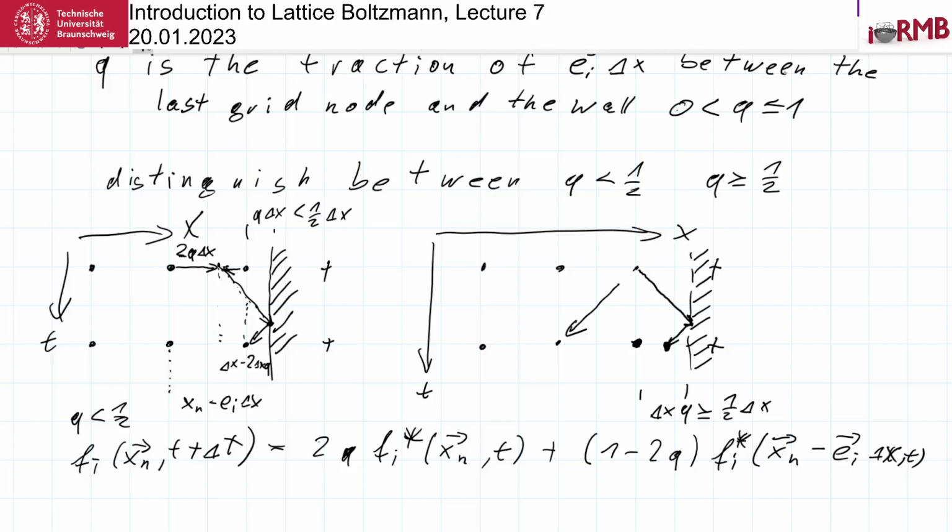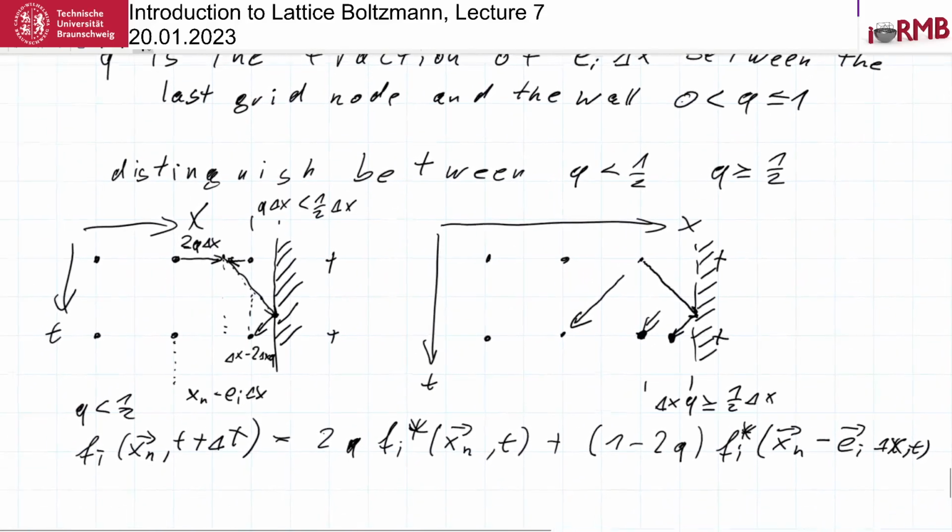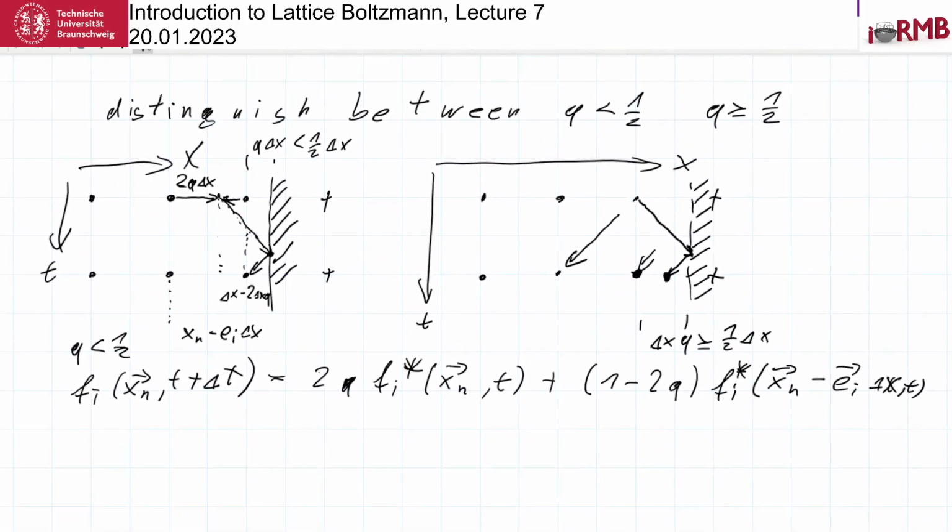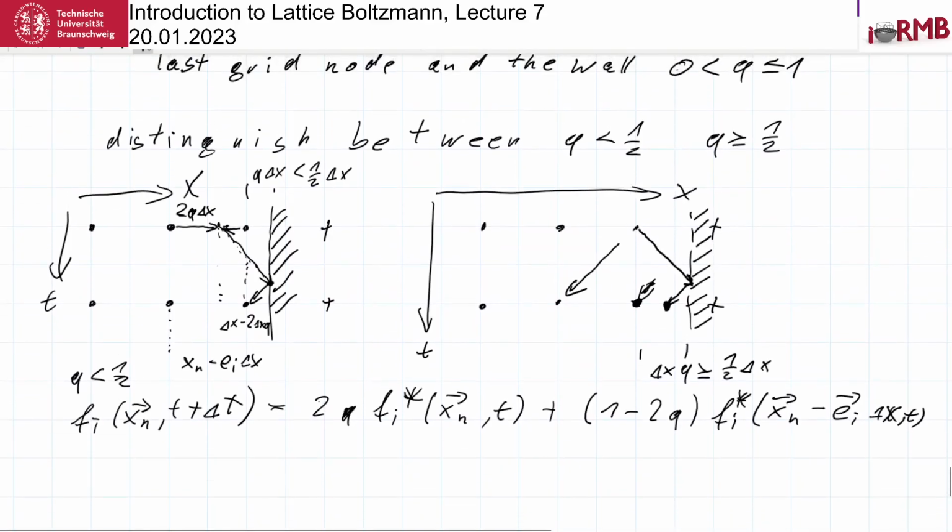We now do the interpolation because we want to have this distribution that is coming in here. So this is the one that we are looking for. So we interpolate this now not from the previous time step, but from the coming time step. And we notice that this here is the length delta x.